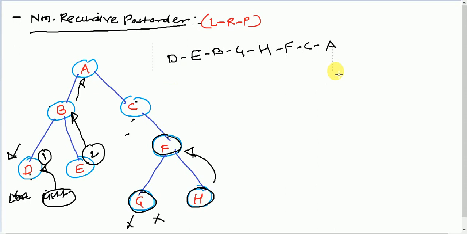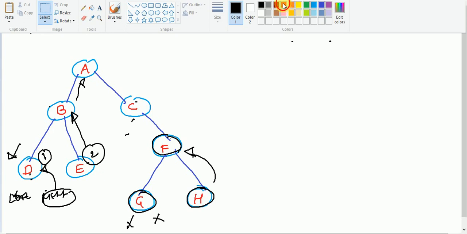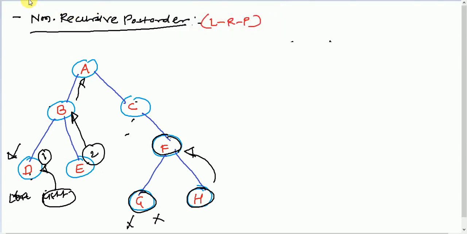I'll remove this part here. Let us try to construct the algorithm for non-recursive post-order traversal. So here I'll write void postorder. I am passing a node here.